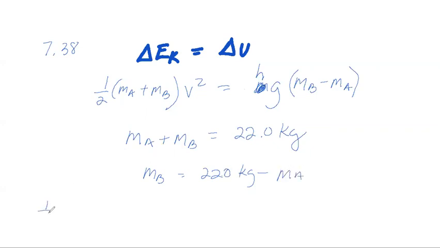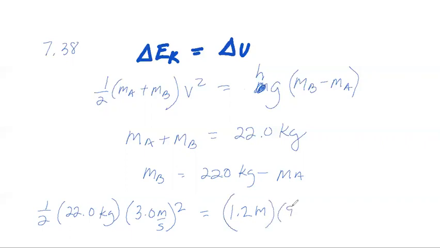All right, so we have 1/2 times, we already know this is 22 kilograms, times v squared, and we were given that value, 3.0 meters per second, quantity squared, equals h is 1.2 meters, and g, 9.8 meters per second squared.